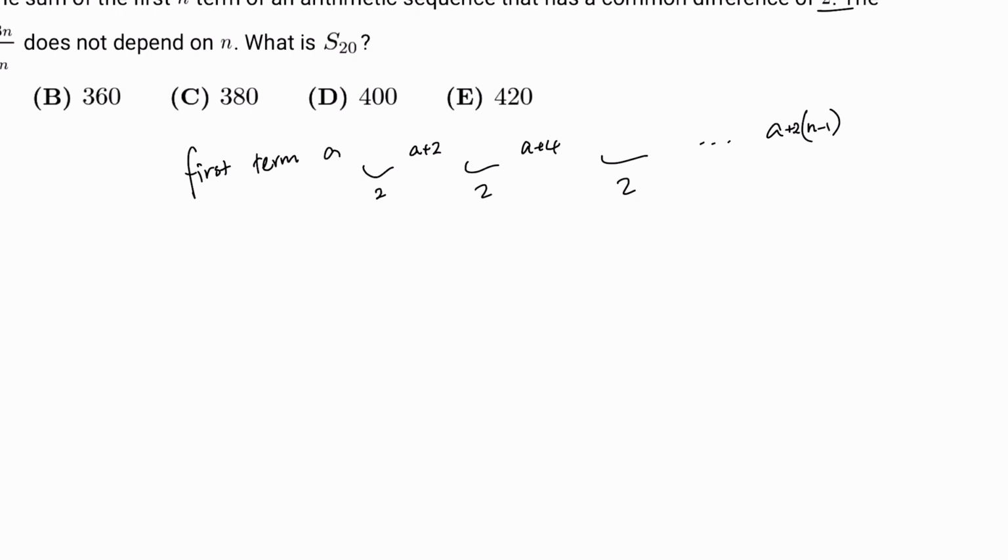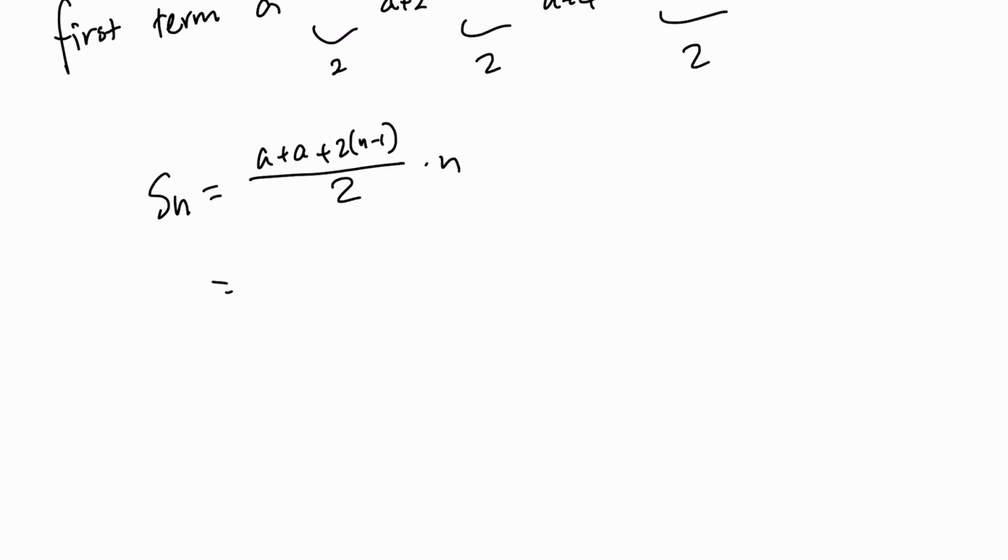So, Sn is equal to the first term plus the last term times number of terms divided by 2. And you can see that is just equal to n times a plus n minus 1. So S3n is going to be 3n times a plus 3n minus 1.